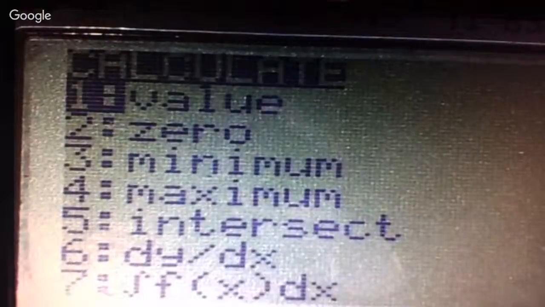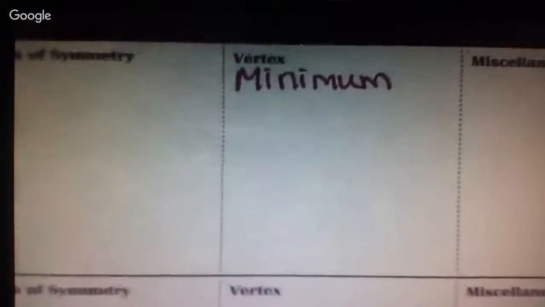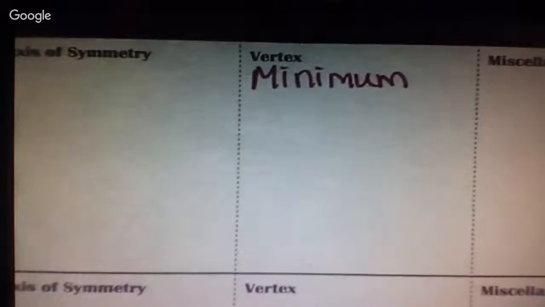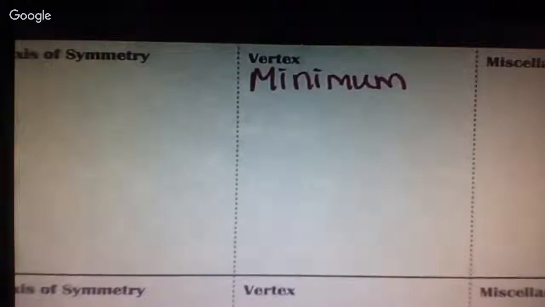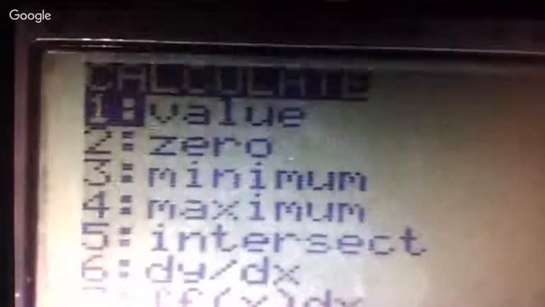Let me back out of this for a minute. I'm right here on the vertex part of the paper. Everybody see where I'm at now? Perfect. Whoa, wrong way. Back up.